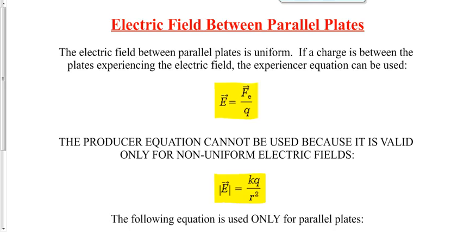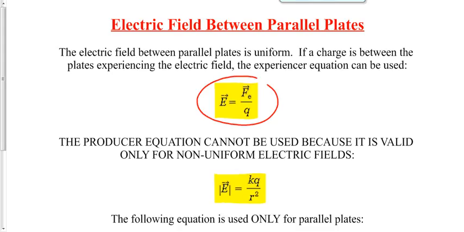You guys know that the electric field between two parallel plates is uniform. If we have a charge that's experiencing that electric field, then we're allowed to use the experiencer equation. This is not new. This is just review from what we've done over the last couple of days. There is a producer equation, E is equal to KQ over R squared, that we can also use when we have a non-uniform field.